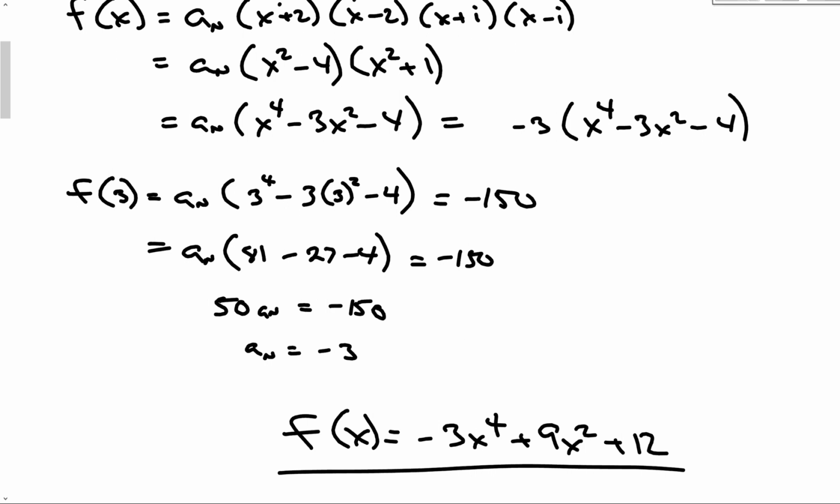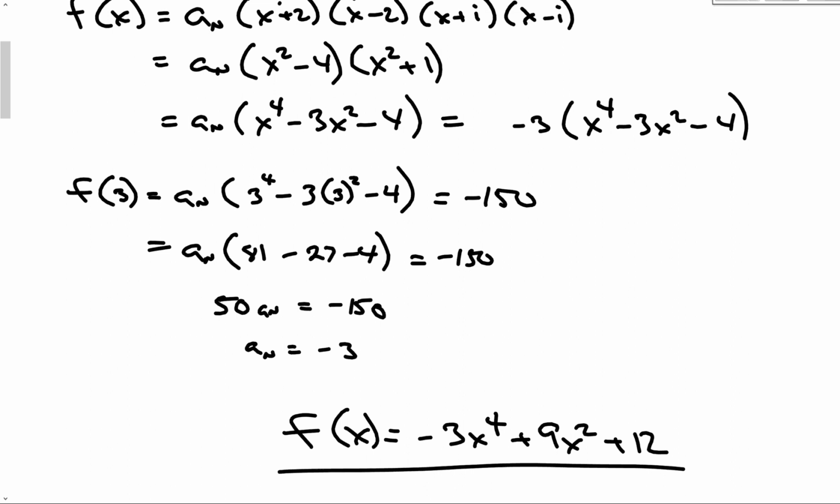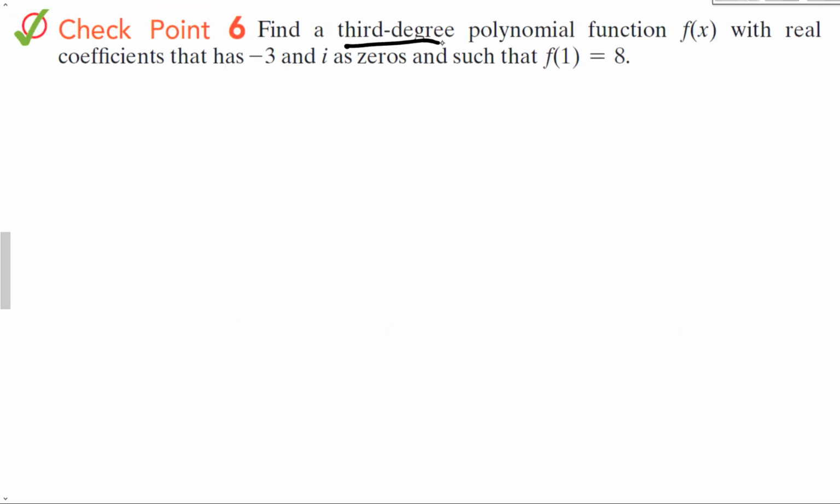Okay? Let's try that again. Find a third degree polynomial that has -3, i, also -i, and that f of 1 is equal to 8. Okay?